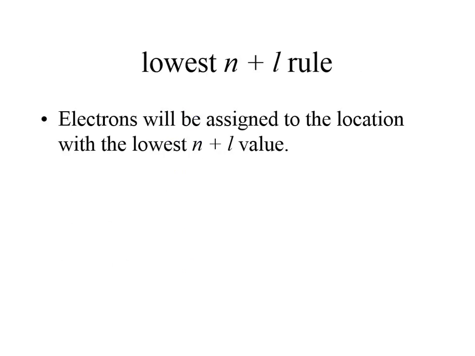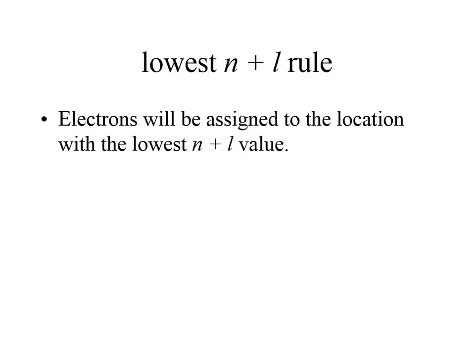So, N plus L rule. So these are N plus L values. Electrons will go to the subshell with the lowest N plus L value first. They'll completely fill that subshell, and then they'll look for the next one. So kind of as I've done it, that's an order.